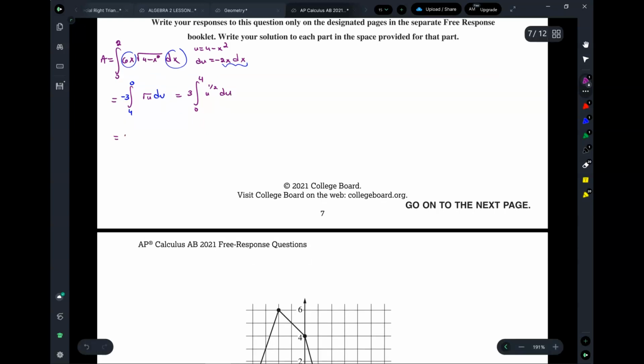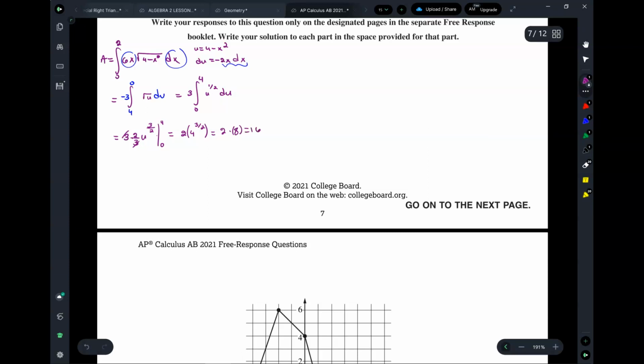So now this is going to be 3 times u to the 3 over 2 times 2/3 from 0 to 4. So this is 2 times 4 to the 3 over 2. Okay, so that's 2 times root 4 is 2, cubed is 8, 16.